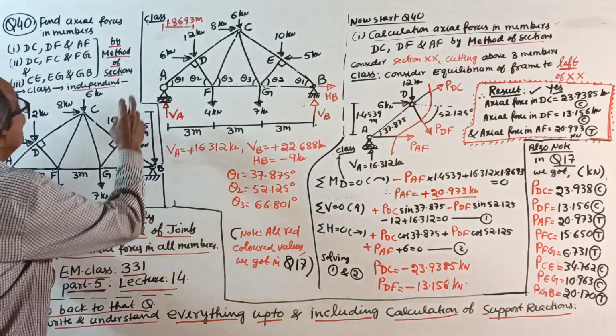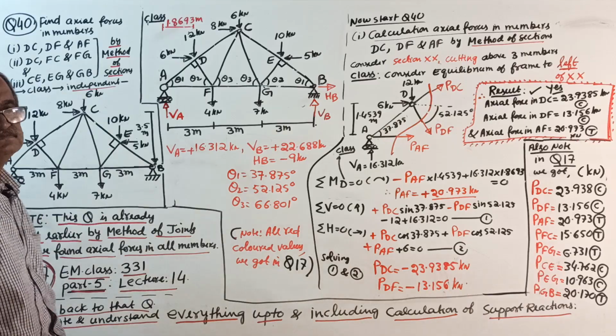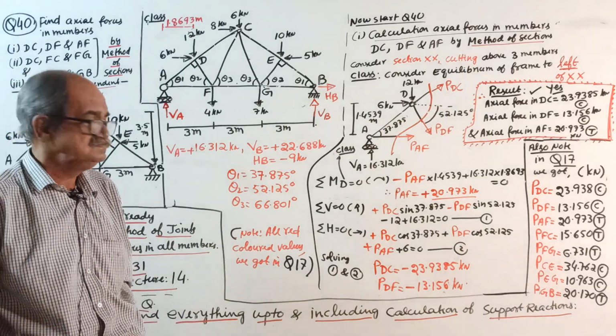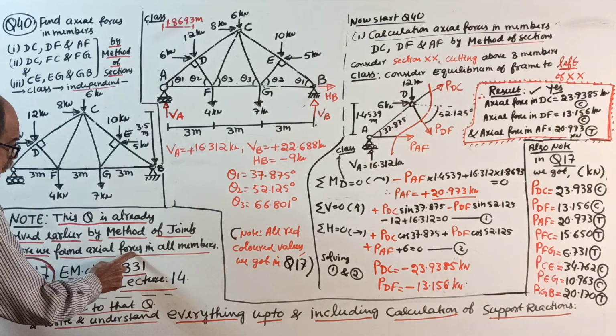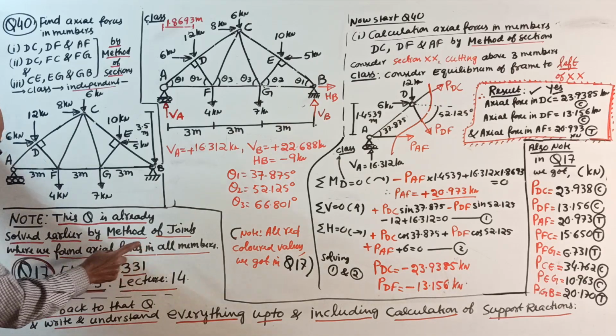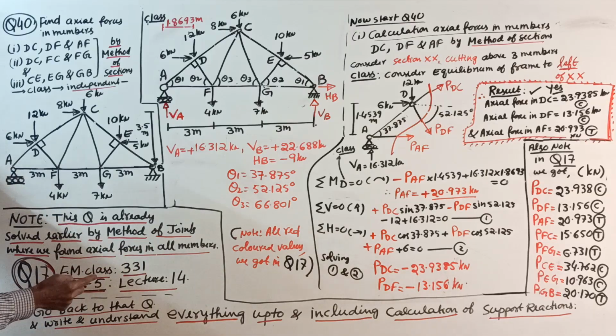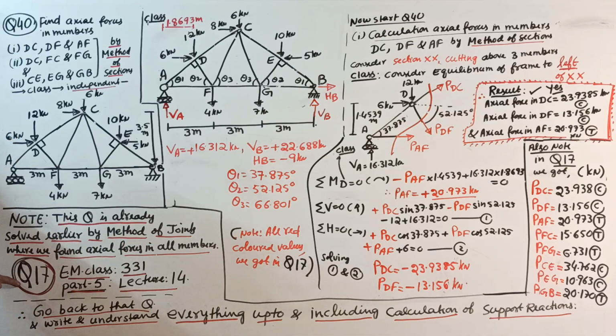Okay, see. First, note that this question was already solved earlier by the method of joints, where we found axial forces in all the members. That was Engineering Mechanics, class number 331, Part 5, Lecture 14, question number 17.